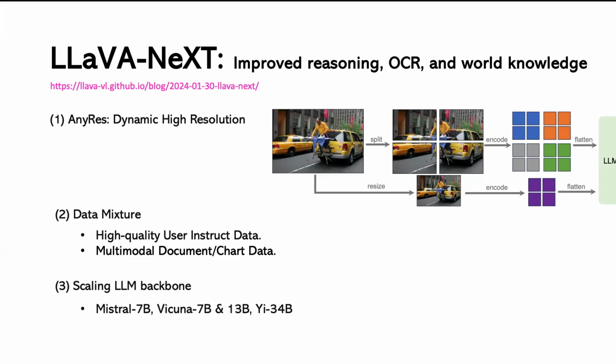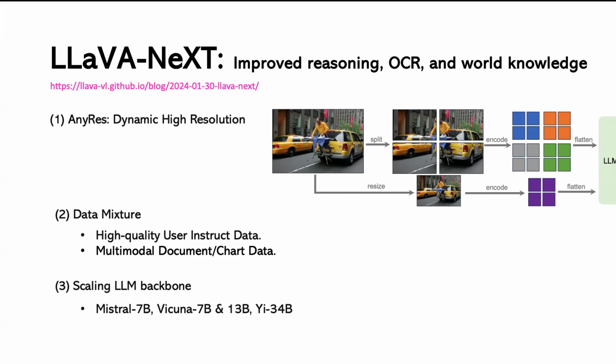And the second technique that we propose is to further improve the data mixture for more tasks and a higher quality. And the last one is, as we have more compute, we are now able to increase the size of the language model. And at that time, the best open source language model was Yi-34B.